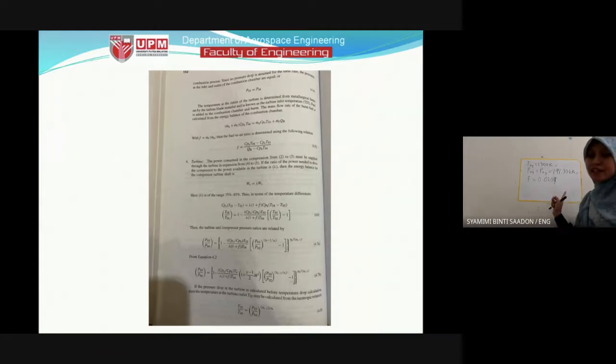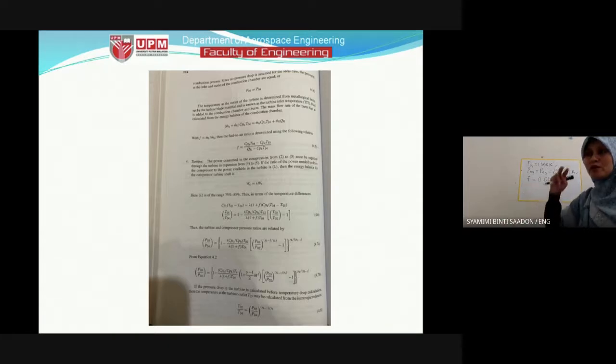So you can see here, in your test or your final exam or your homework, that the fuel to air ratio is around 0.0 something, to 2 decimal places.